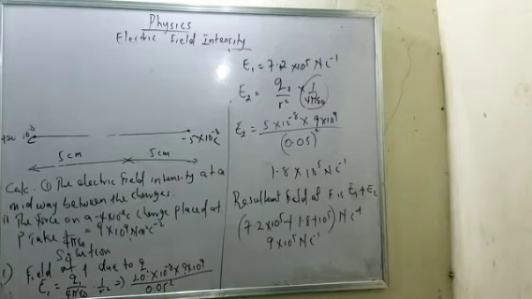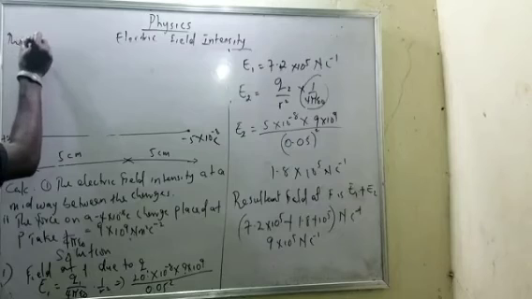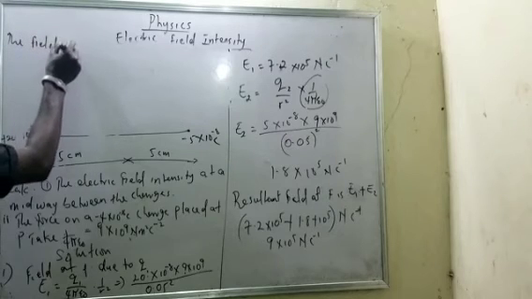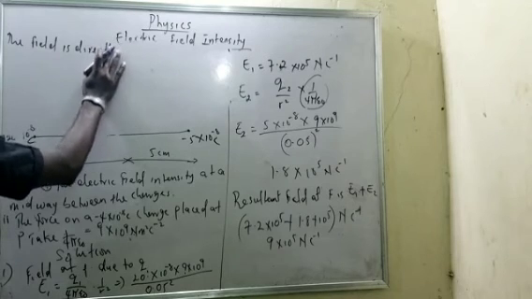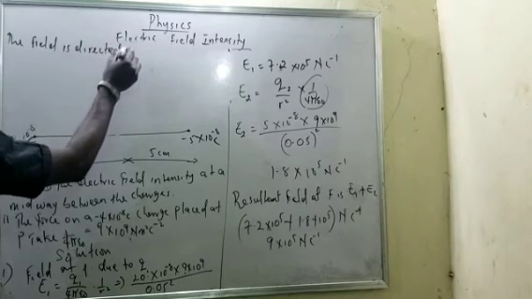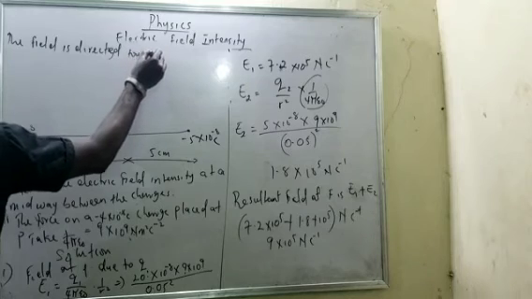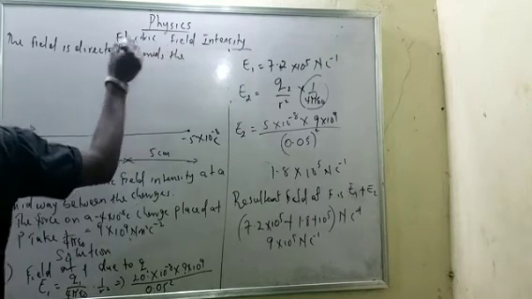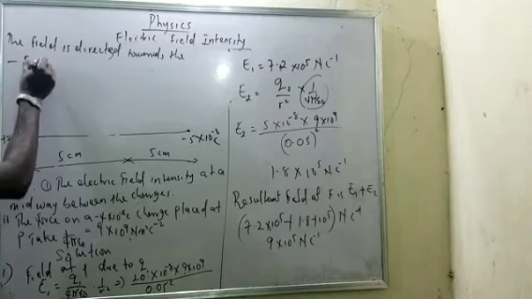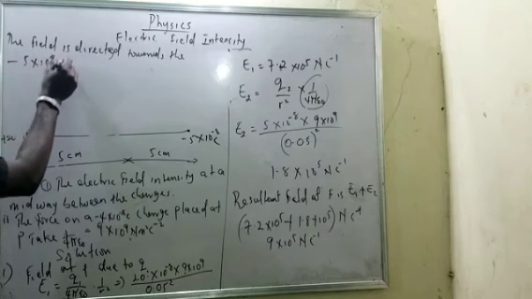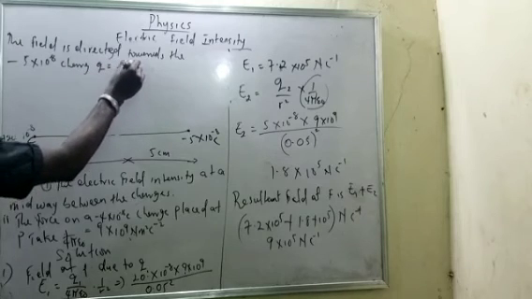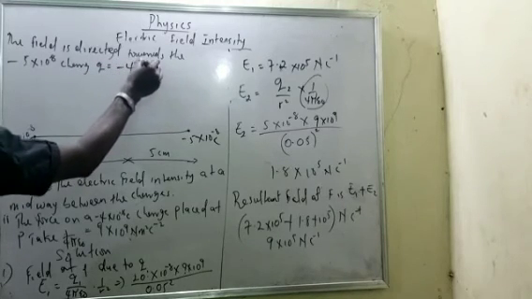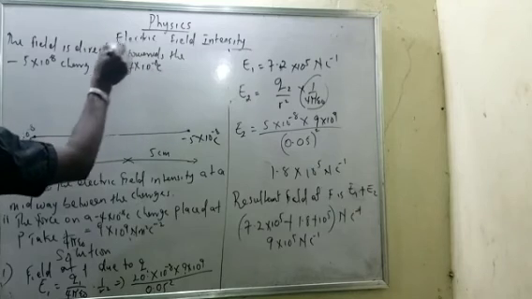I have this, which is the field is directed towards the minus 5 times 10 raised to power minus 8 charge, and Q equals to minus 4 times 10 raised to power minus 8 coulomb.